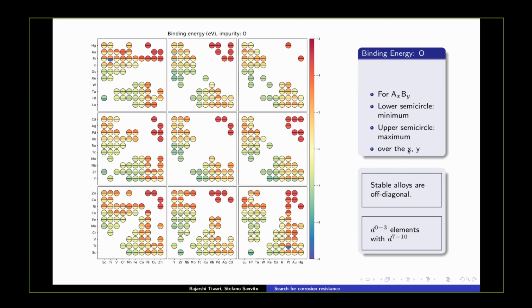We calculate the minimum and maximum of the binding energies for all the XY candidates that we found. Each circle is two semicircles, each with a color proportional to the binding energy: the lower semicircle is the minimum of the binding energy, and the upper semicircle is the maximum.